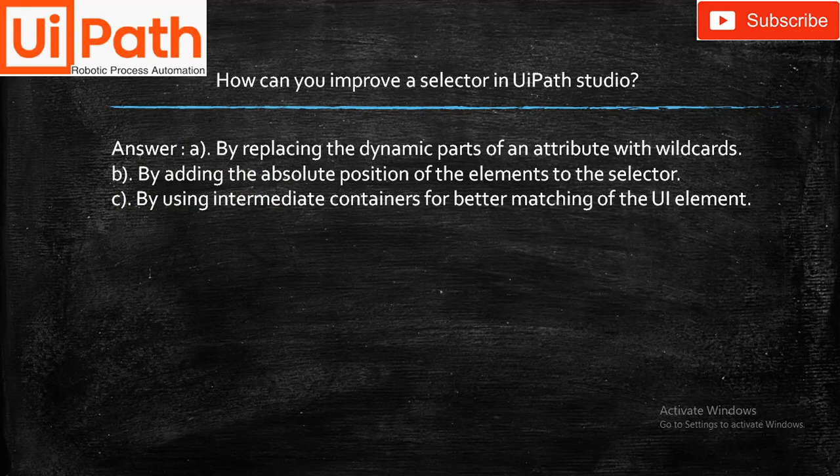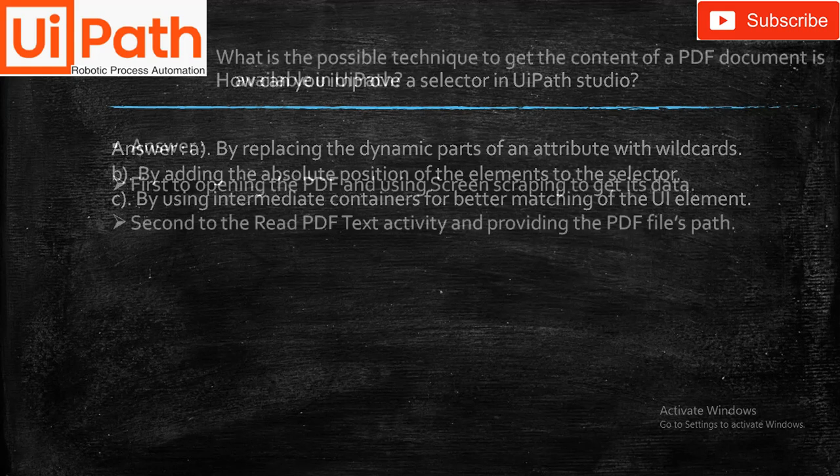If you are working on selectors and want to make an improvement, we can do that in 3 steps: first, by replacing the dynamic parts of an attribute with wildcards; second, by adding the absolute positions of the elements to the selector; and third, by using intermediate containers for better matching of the UI element.